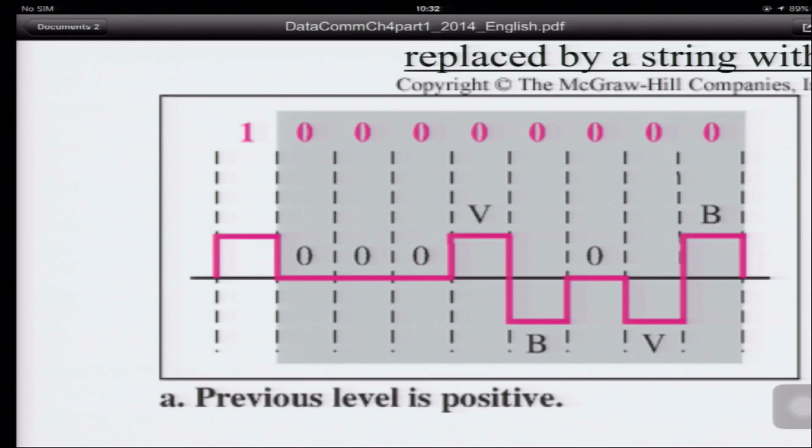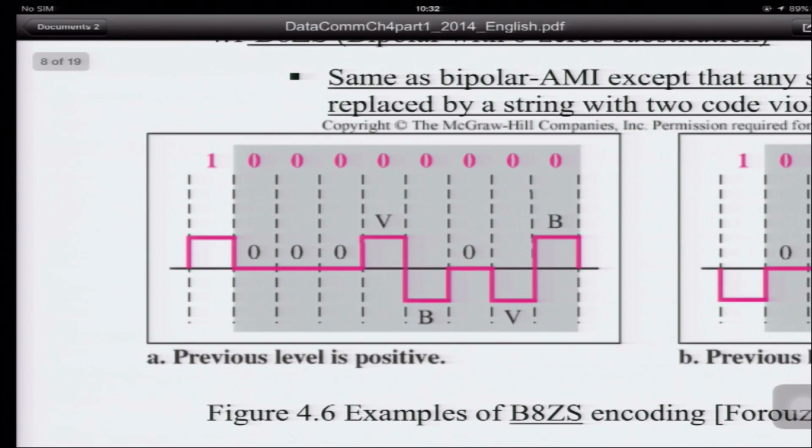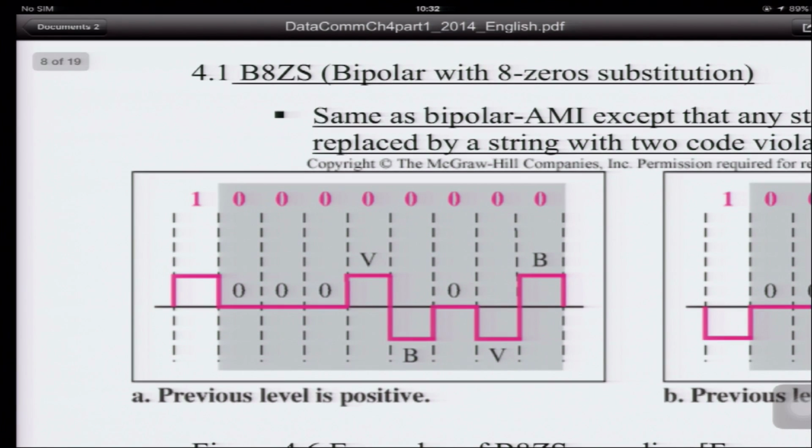If it's negative before, you have to do negative also, which violates the rule of the AMI that you have to alternate between positive and negative. So violation and then bipolar. This is how you represent a string of eight 0s if the previous level is positive.